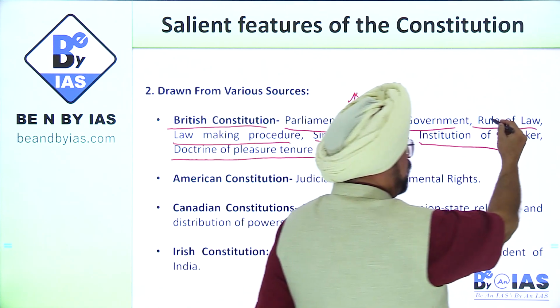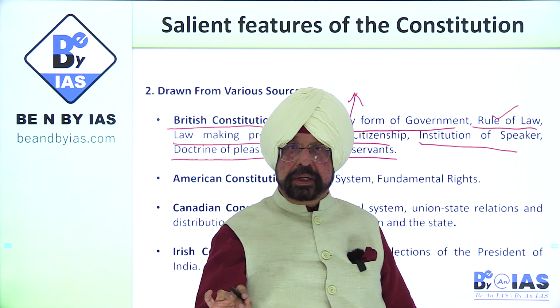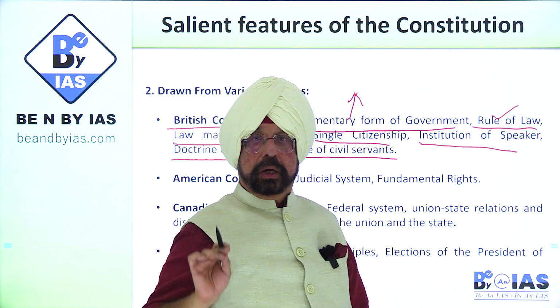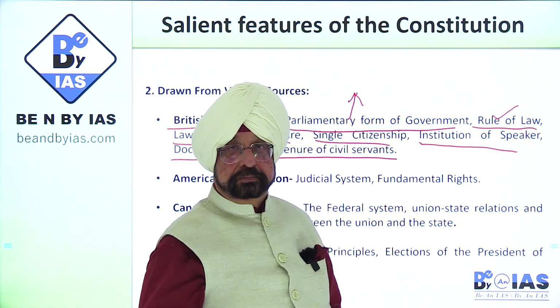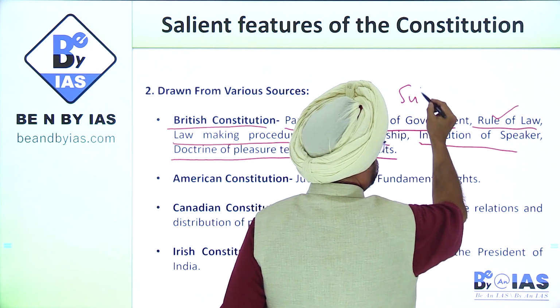Rule of law is very important. Just to understand it, remember it is the supremacy of law. Law is supreme. Nobody is above law. Just remember this much for the time being. Supremacy of law.